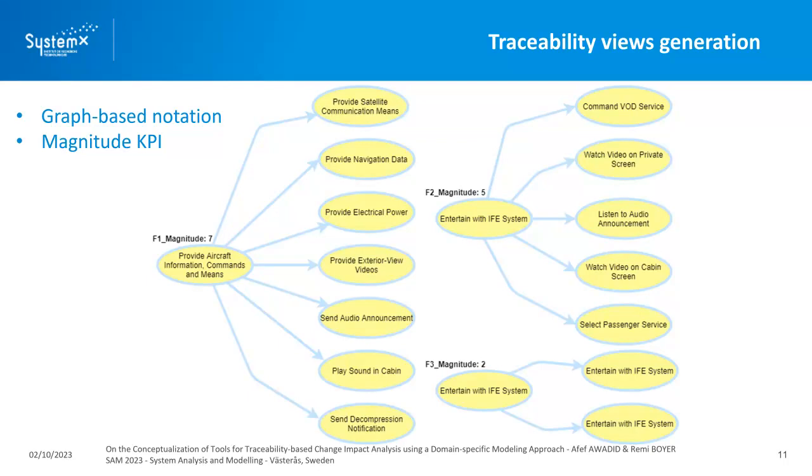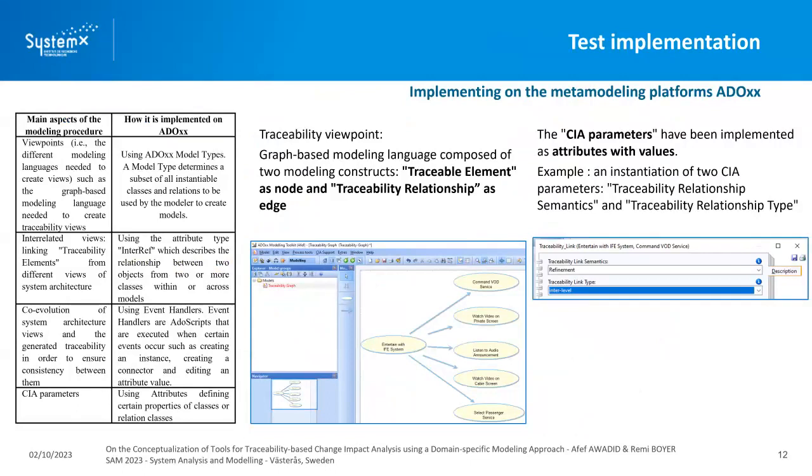In the introduction, I was using the term change control board because the decision support system's goal is to present information to the change control board. The test implementation is done with ADOxx.